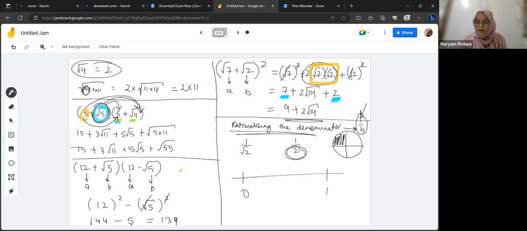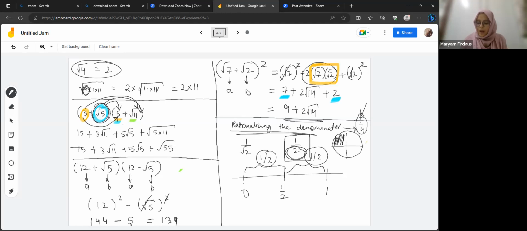So if I have a fraction 1 by 2, it means you take this length, you divide it into 2 equal parts. Each part will be 1 by 2. And this length between 0 and 1 is called 1 by 2.